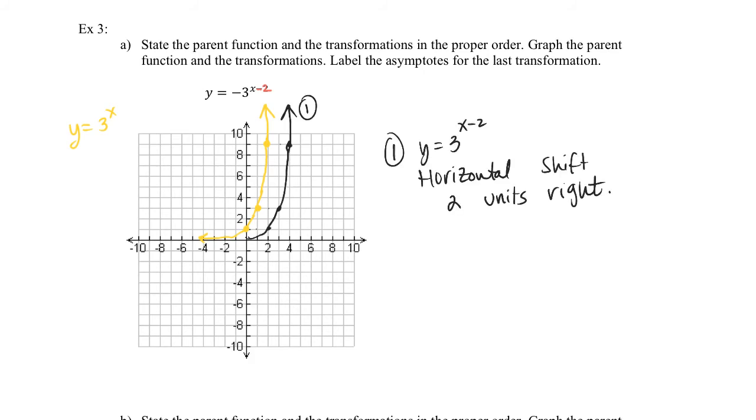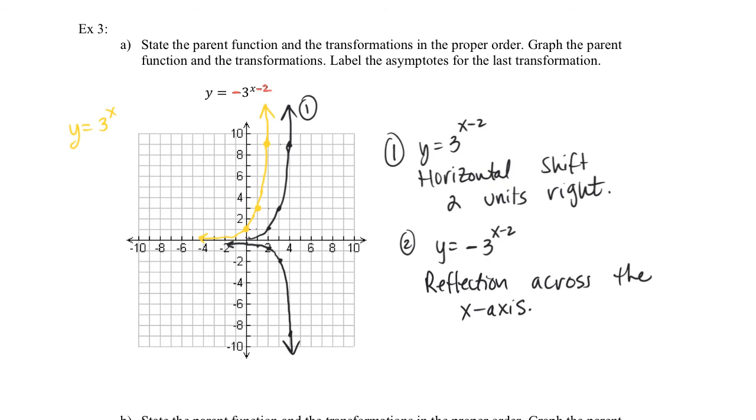All right, and then our next one is where we deal with our final negative here, which is going to be a reflection across the x-axis. All right, so those are two. This one would be the final function, our two transformations that happened.